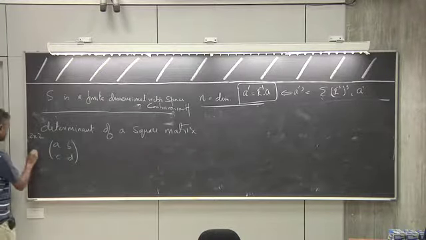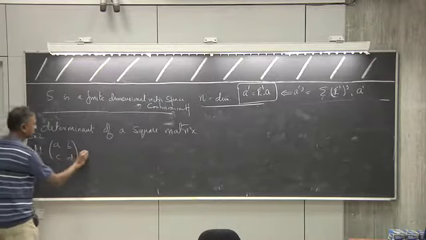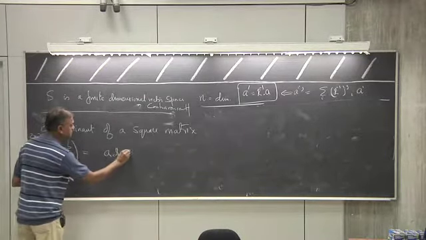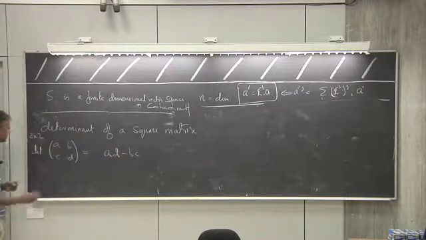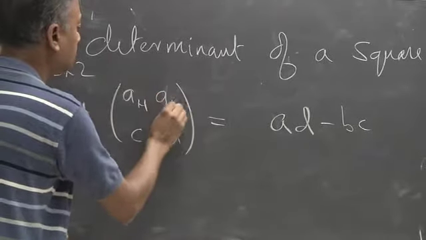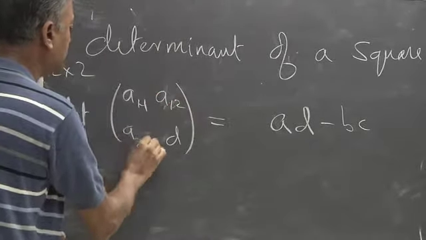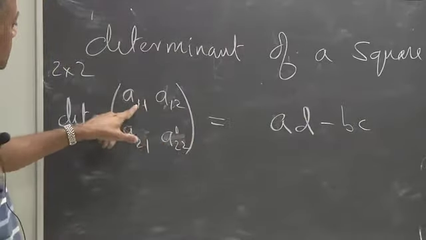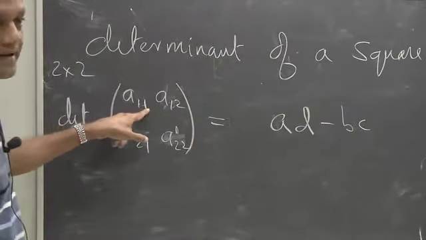The determinant of this matrix is by definition simply A times D minus B times C. Actually, let me write it like this: A11, A12, A21, and A22. The first index labels the row, and the second index the column.